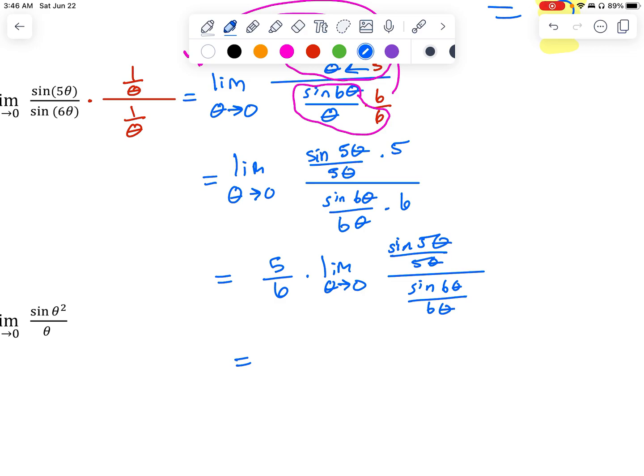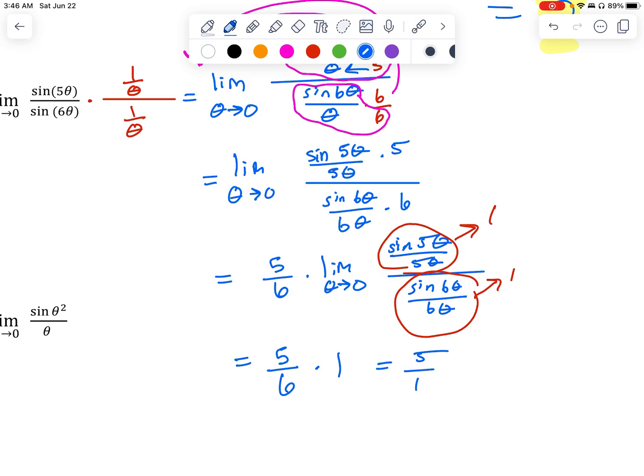The quotient rule of limits says that the limit of a quotient is equal to the quotient of the limits. So I can take it piece by piece. The limit of this piece is 1, and the limit of this piece is 1. So I just get 5 over 6 times 1, which equals 5 over 6.